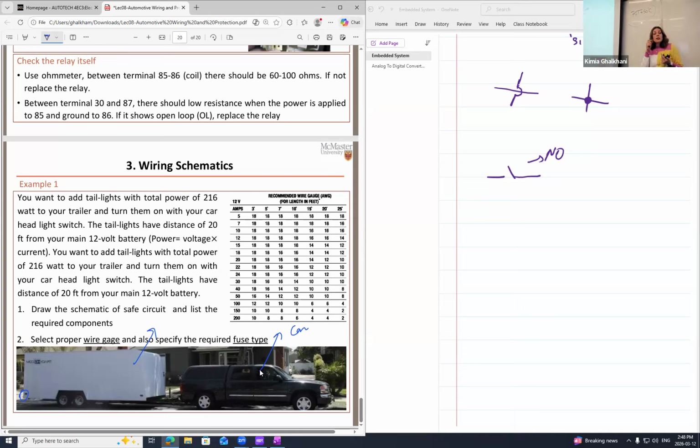But those two lights, if you want to control them from inside the cabin, inside the car, you have to have proper wiring to be able to control them. So that's the plan. We are going to design how we can connect the lights to the back of the truck and control them from inside the cabin. So let's do this together.